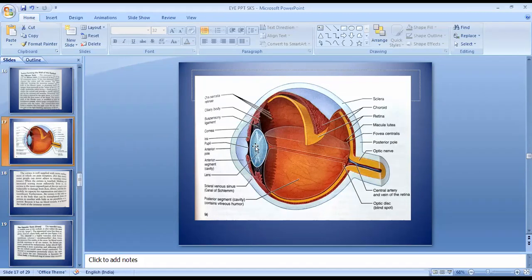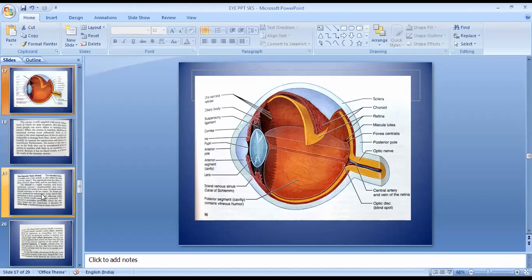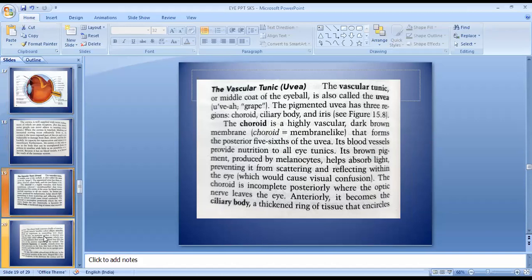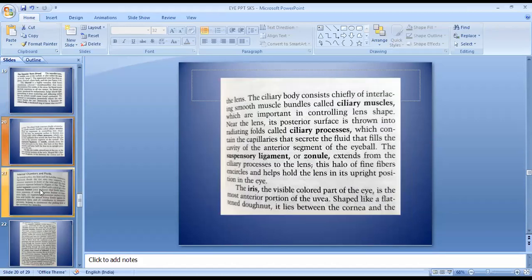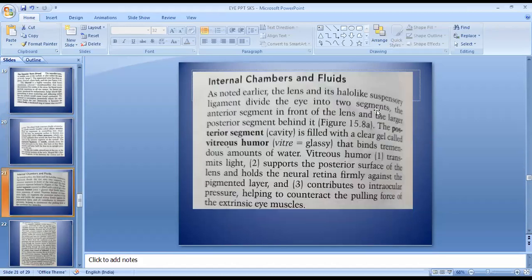So the lens divides it into two unequal halves: the anterior segment in front of the lens and the larger posterior segment behind.